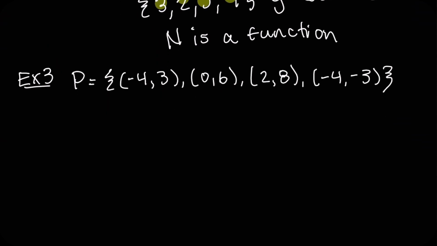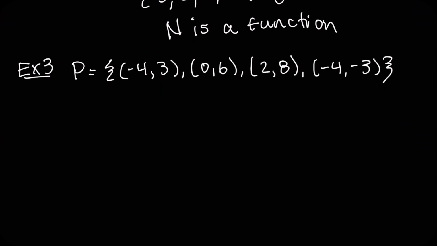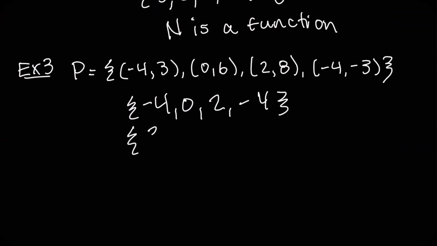Now our last example here, let's go ahead and look at p. So p, we have our x and y values one more time. -4. And then finally we have a 3, a 6, an 8, and then a -3.